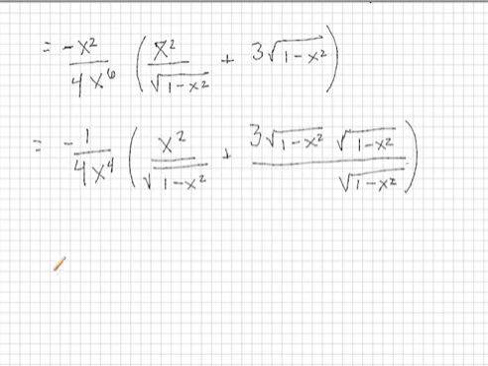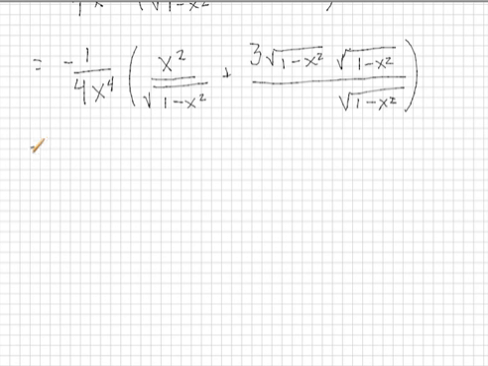We can now go ahead and simplify further. The outside's just going to stay the same, 1 over 4x to the 4th. The first term is still going to stay the same. The second term, however, is going to change.